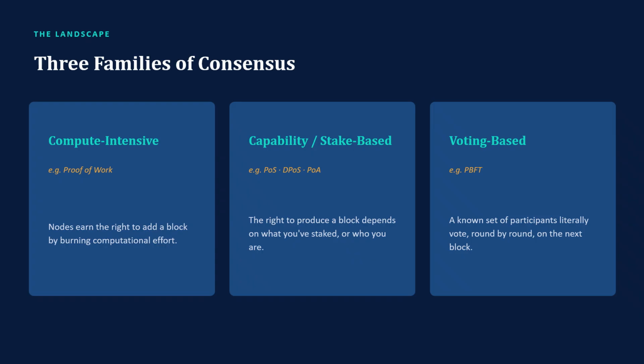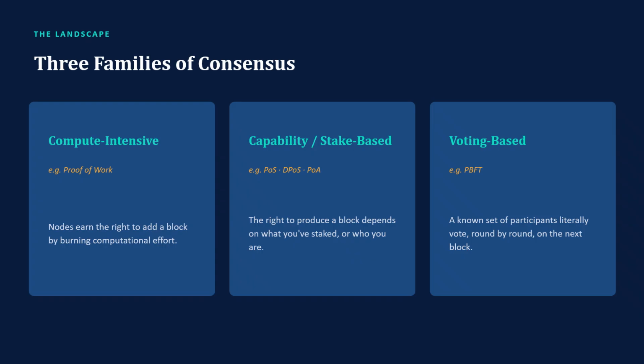Over the last 15 years, engineers have built dozens of consensus designs, but almost all of them fall into three families. Compute-intensive mechanisms like proof of work, where nodes earn the right to add a block by burning computational effort.